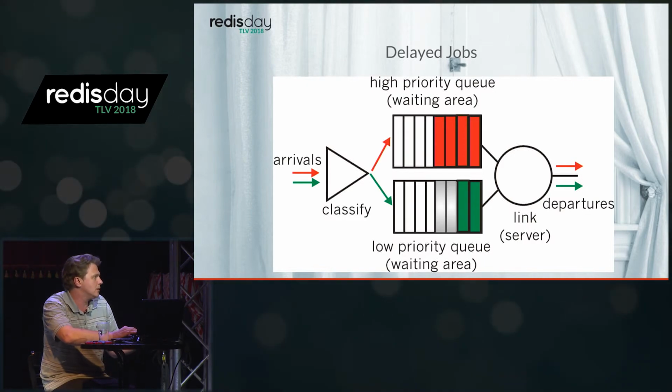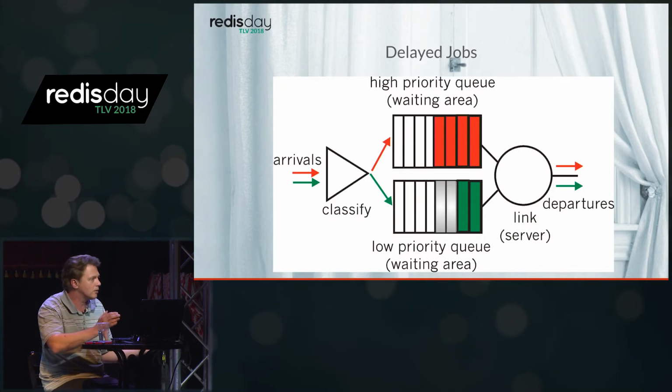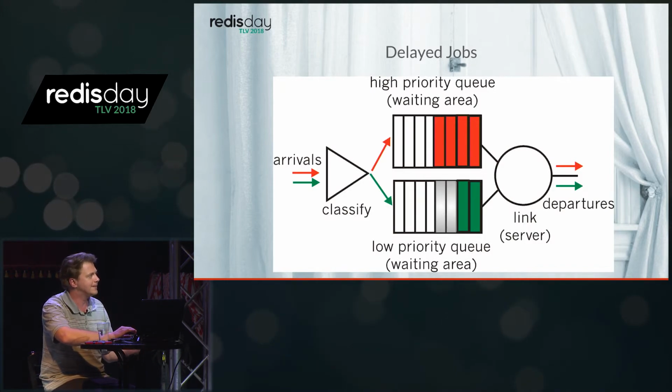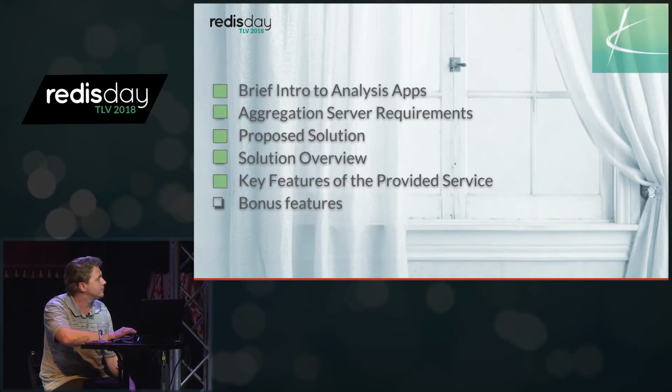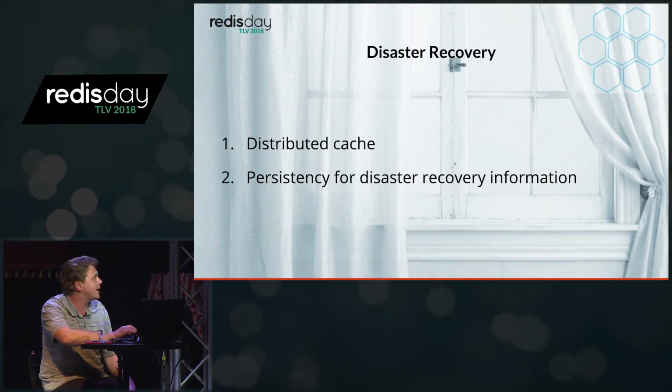So it's very useful, because you don't need any special flow for such jobs. You just put on the job the time when you would like the workers to see it, and in this way, you get the required behavior. That's the delayed jobs.